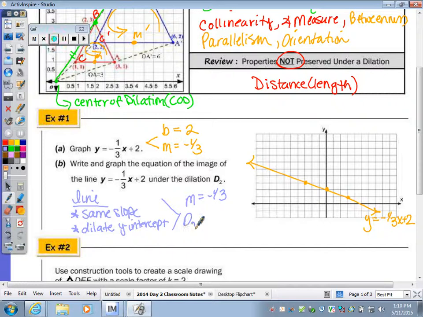When I dilate the point 0, 2, again, the y-intercept is 2, so coordinate 0, 2, when I multiply both of these by 2, so 0 times 2, 2 times 2, we now have a y-intercept of 0, 4. So move the line up 2 units. Again, it's going to have the same slope, so down 1 over 1, 2, 3, up 1, left 1, 2, 3. The line's going to be parallel.